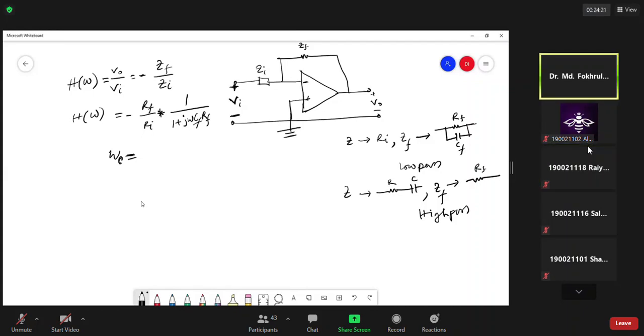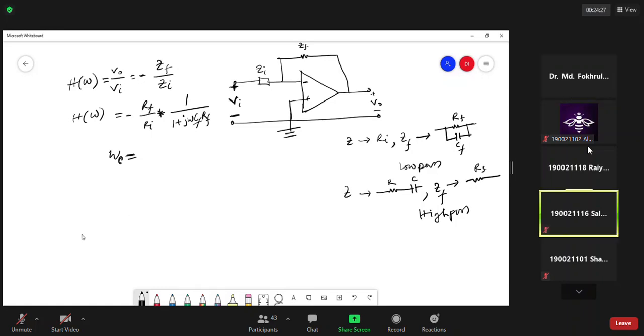During the Bode plot analysis, we have seen that at the corner frequency the magnitude is equal to 1/√2, is it?